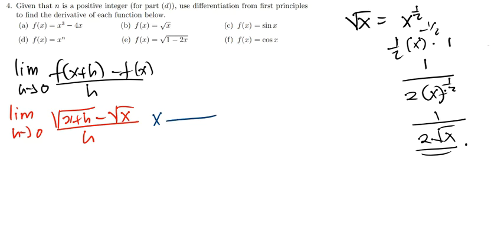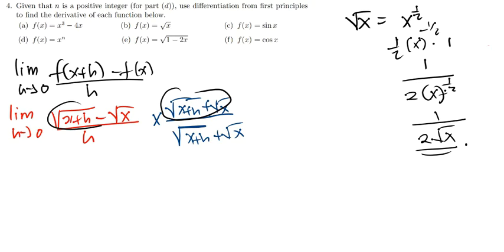So here I'll do times root of x plus h plus root x, I'll have that. Then here I'm going to have also root of x plus h plus root x. So if I multiply this guy by its conjugate, it's basically the same as just squaring the guy having negative. So in this case, this is the one which is having negative. I'll square that, without me wasting time.